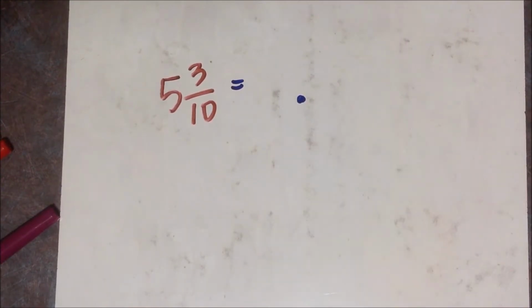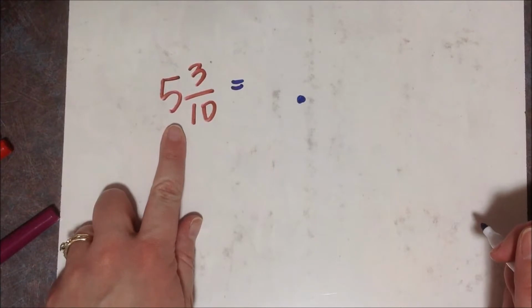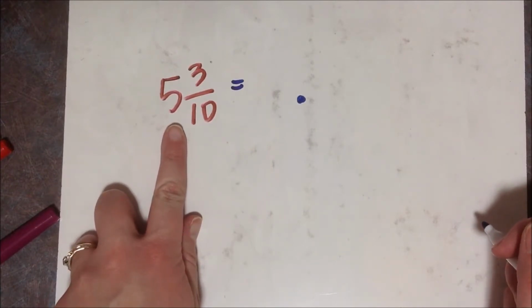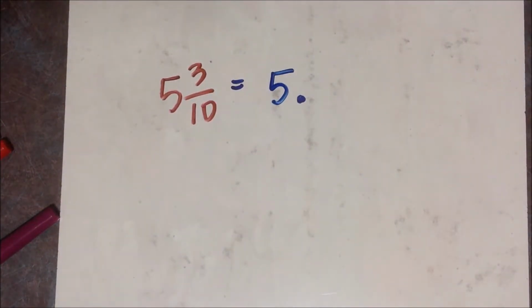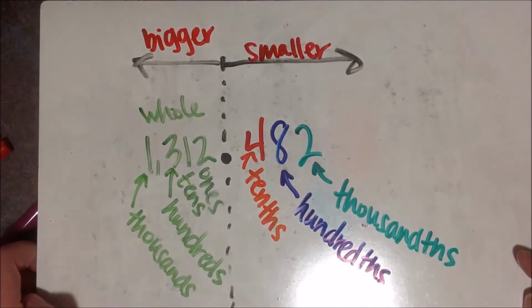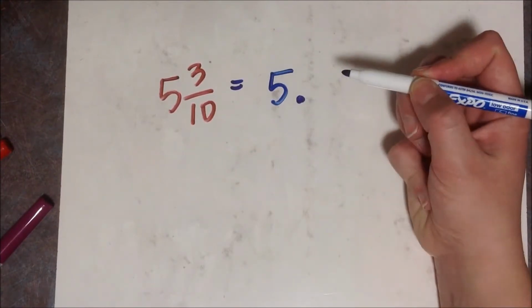Here's my decimal point. This 5 is a whole number in this mixed number, right? It's a whole number here in fraction land. It's going to remain a whole number to the left side of that decimal point. So just like our picture from before, all of our whole numbers are going to be on the left side. So it's going to stay right here on that side.